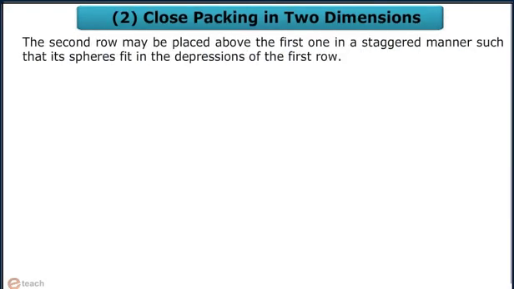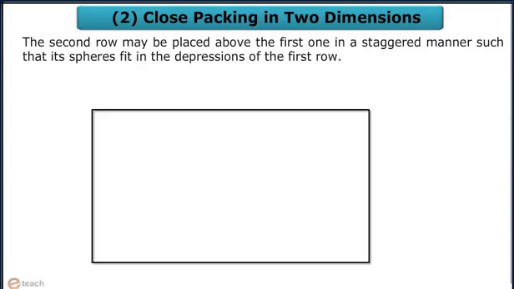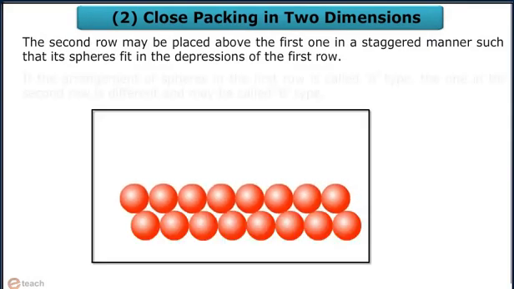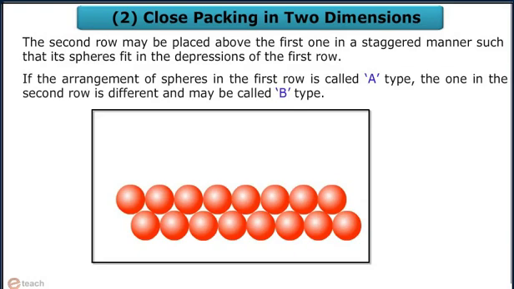The second row may be placed above the first one in a staggered manner, such that its spheres fit in the depressions of the first row. If the arrangement of spheres in the first row is called A-type, the one in the second row is different and may be called B-type.